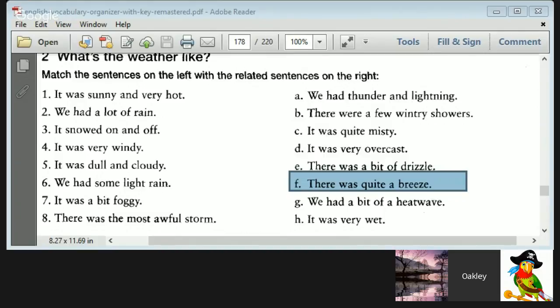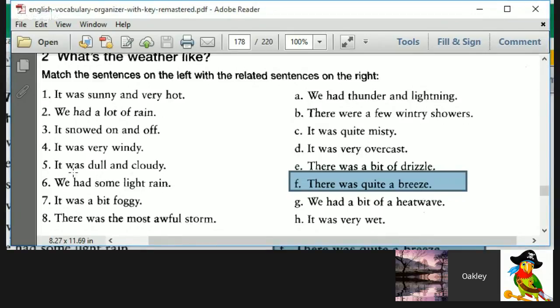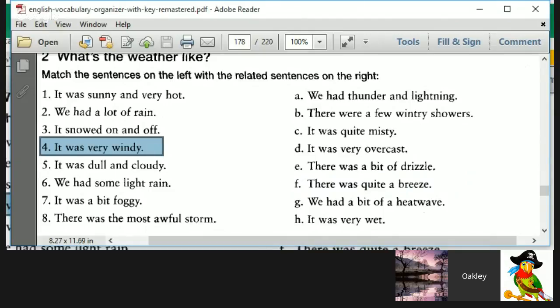Right, I understand. So for number 4, it was very windy, I would say it was gusty, not quite a breeze, but all right, similar enough, I guess.